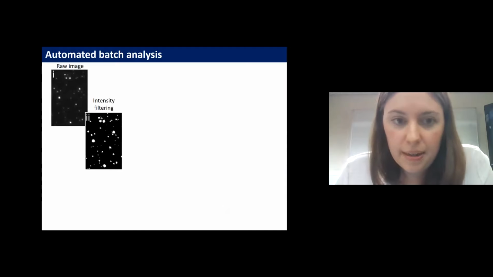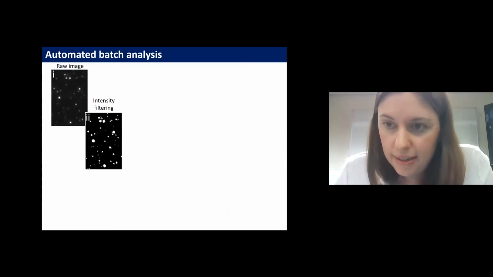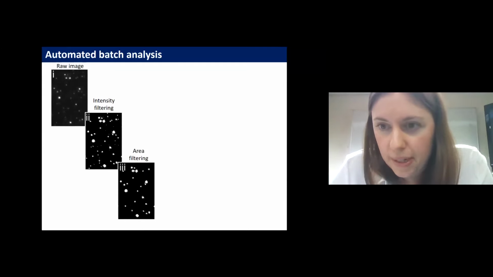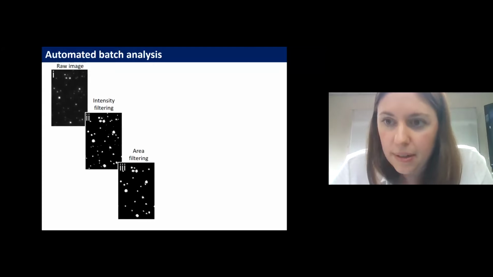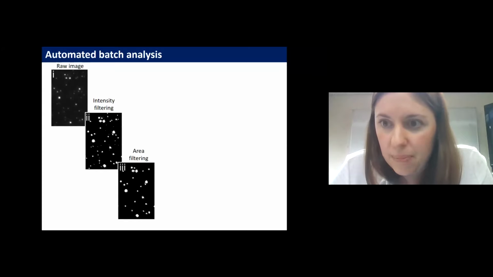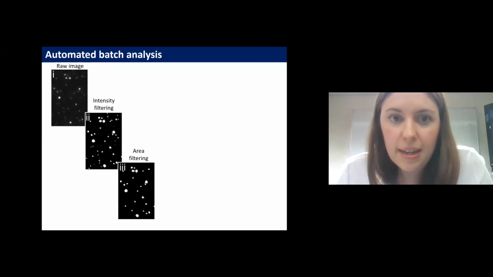We then use intensity filtering to binarize the image, and area filtering to exclude objects with a pixel size below 10 or above 100. So this effectively gets rid of any single DNAs, which are very tiny, or any very large aggregates, which might be large aggregates of virus, but might also just be other kind of cellular junk that we want to discard.